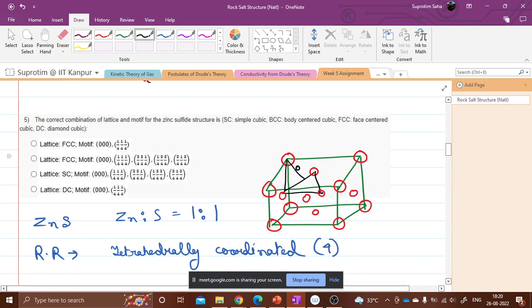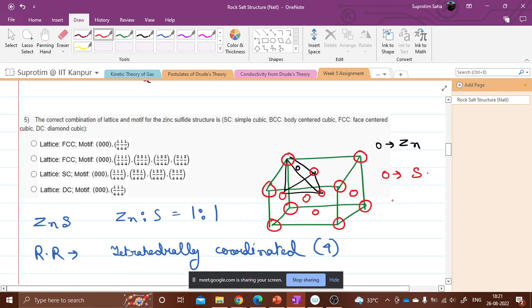So basically this is the tetrahedron and the zinc sits at the tetrahedral void, right? So this is zinc, and this red one is okay.